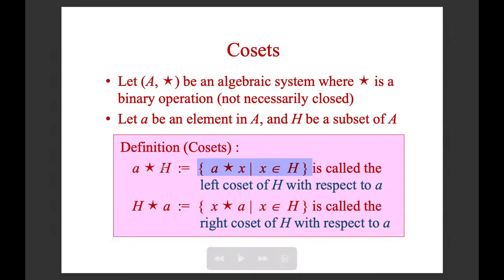In particular, it is called a left coset of H with respect to the element a. On the other hand, if we start with the set H and multiply every item with a on the right-hand side, we get another set. This is called the right coset of H with respect to a.